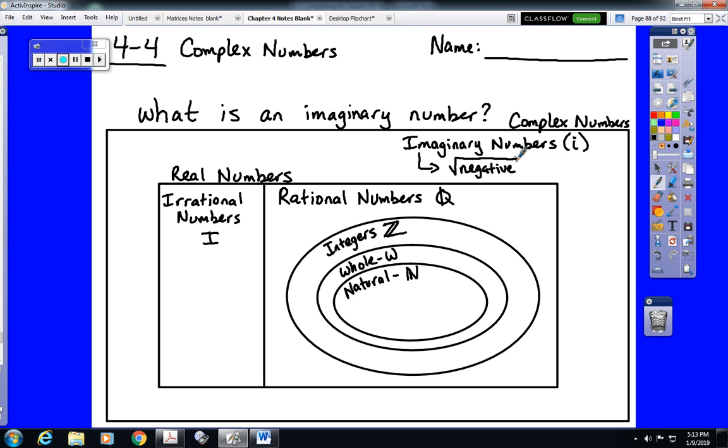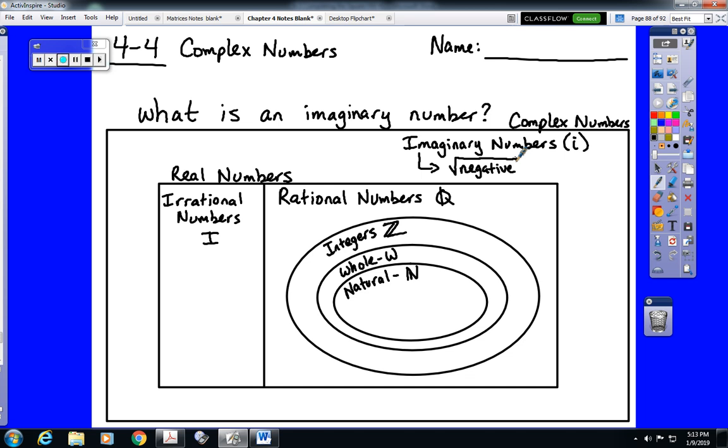Now that's kind of a simplistic way to explain imaginary numbers, but we're at a high school level here. We're talking A2. So generally we're talking about the square root of negative numbers, which we've told you all along can't be done. That's not true. They absolutely can be done. We just hadn't talked about i yet.